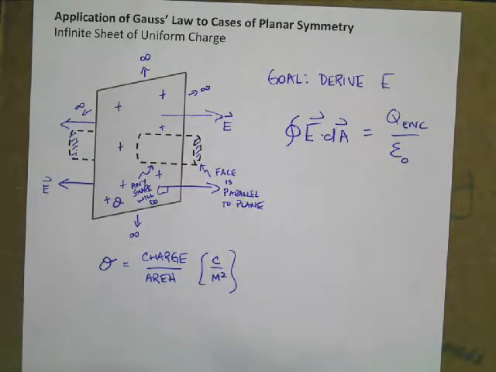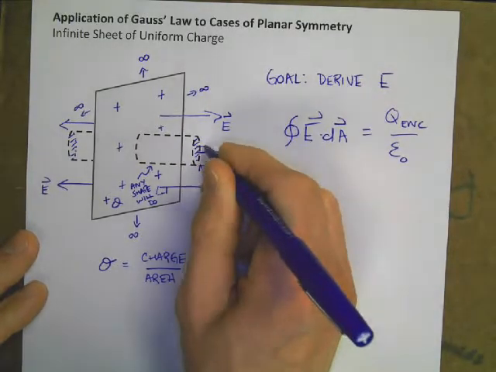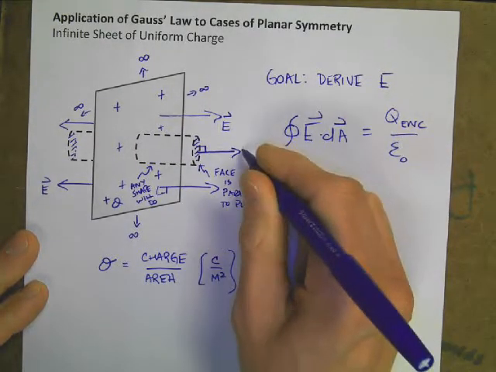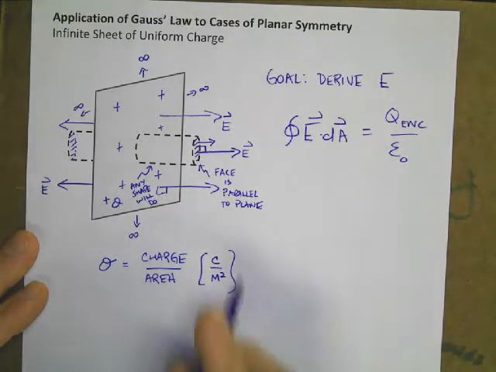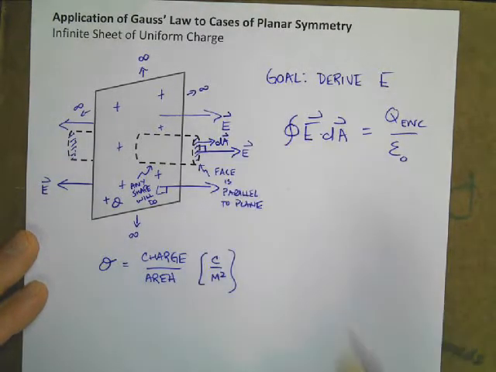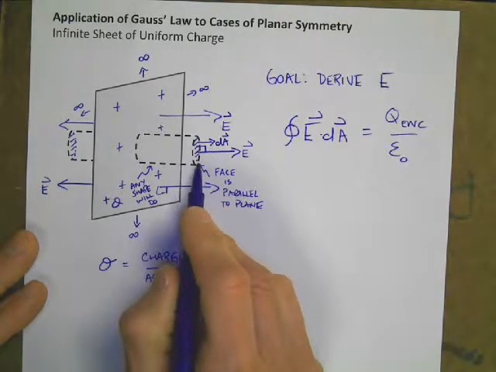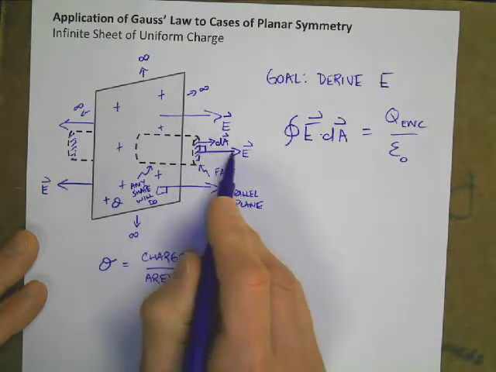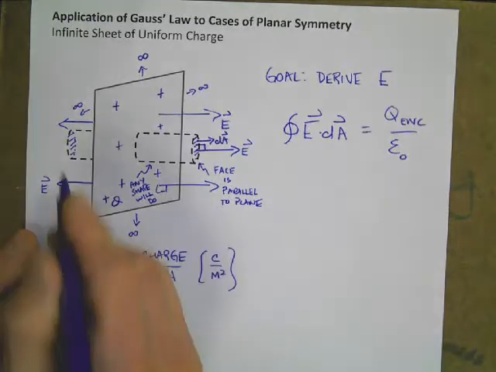The reason is because the electric field is going to poke through, and that electric field is going to make a nice alignment with that surface. So my dA is the surface vector for this entire cap, and dA and the electric field are parallel there. And that's going to help us out when we write this.